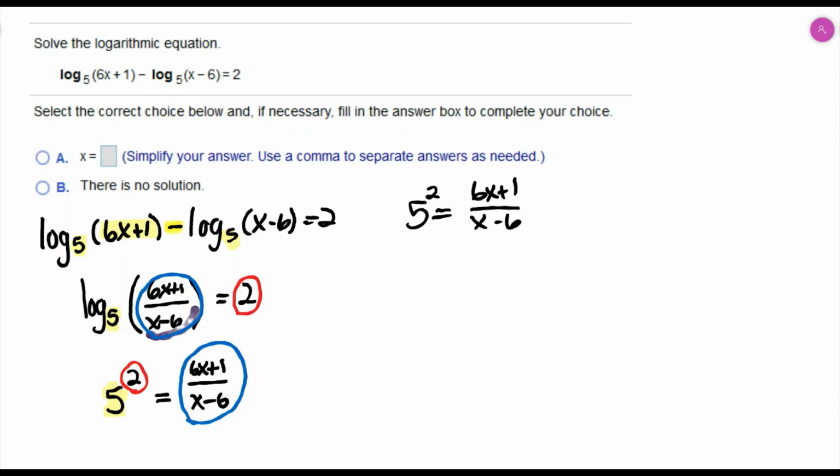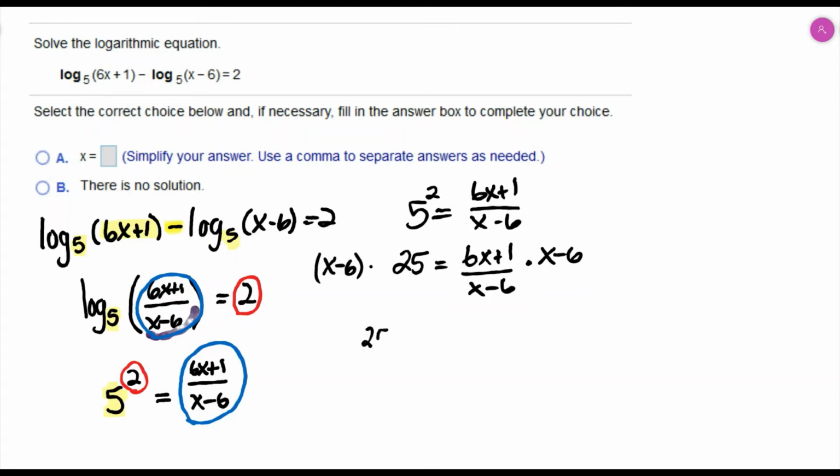Now I'll start solving. 5 squared is 25 equals 6x plus 1 over x minus 6. I need to get rid of the fractions, so I'm going to multiply both sides by the denominator of x minus 6.